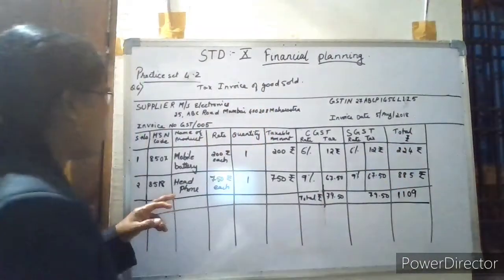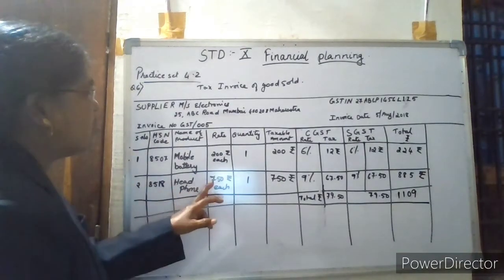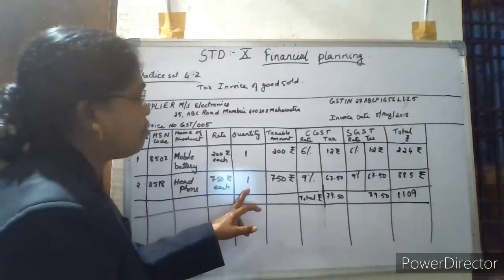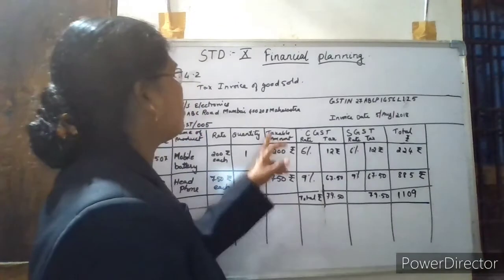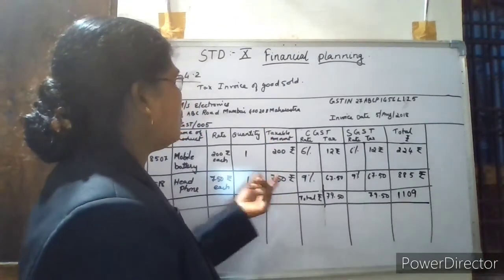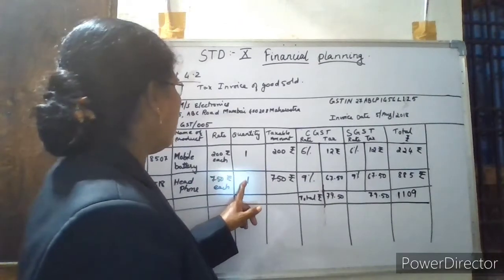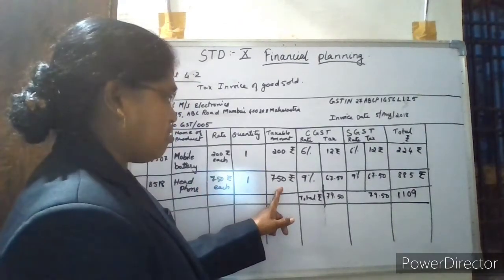In the same manner for the headphone: HSN code given, second item, then the rate is 750 each, only one headphone is purchased. So the total taxable amount: if it is 2 or 3 or anything, then these two columns are multiplied and you write the answer here.